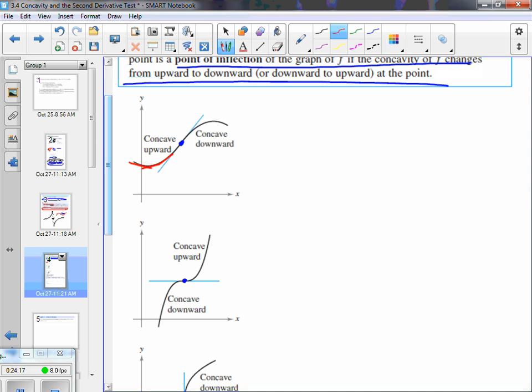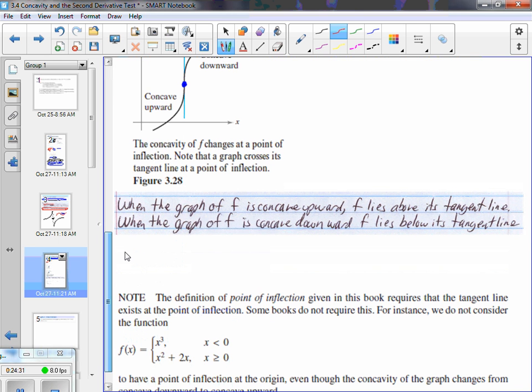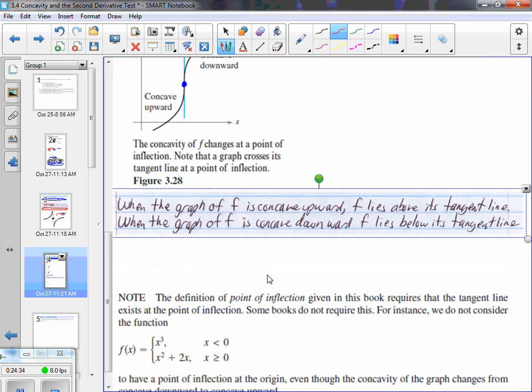So the graph really is above the tangent line when it's concave upward. And then look where it switches to concave downward. The tangent lines are up here now, so the graph of the function really is below its tangent line. I'm glad I saw that there. I'd almost forgotten to mention that. So that's another thing visually you can look for. Okay?